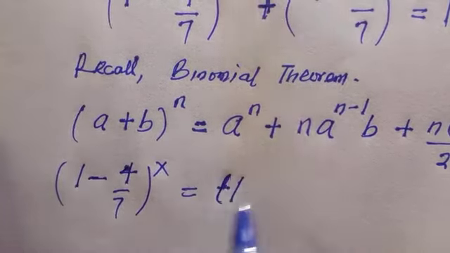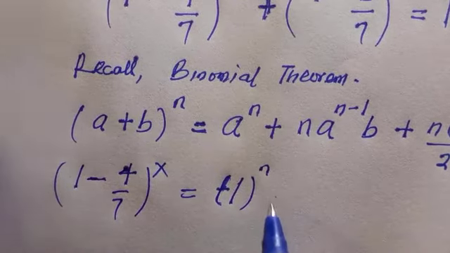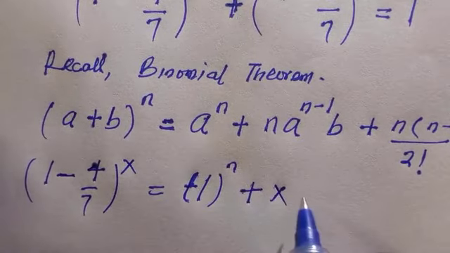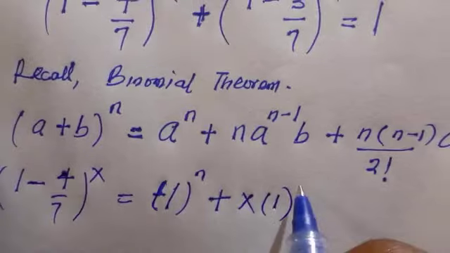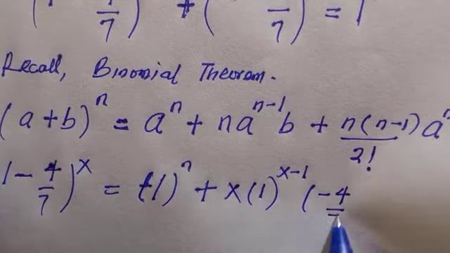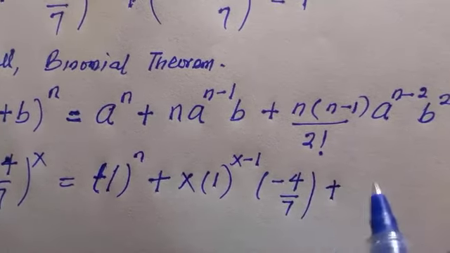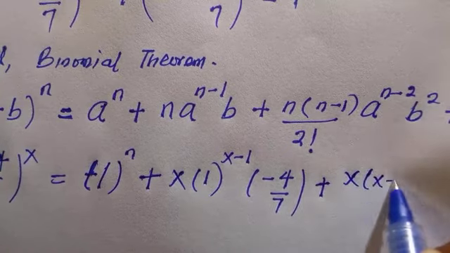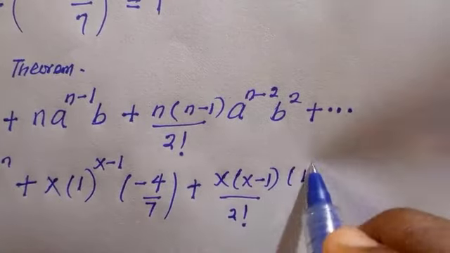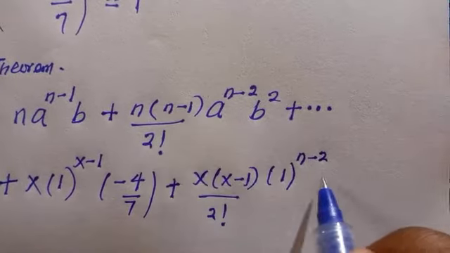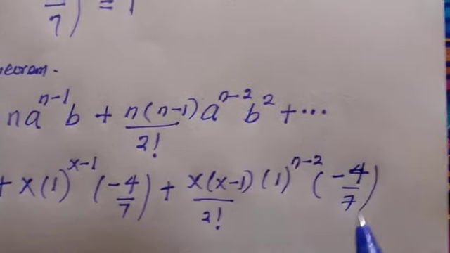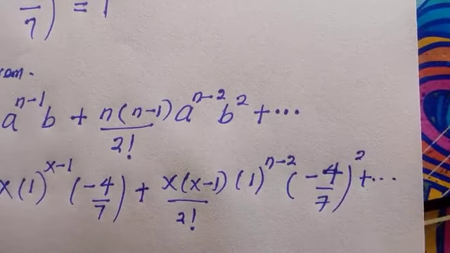So we have a, which is 1 raised to the power of x, plus x times 1 raised to the power of x minus 1, times b, which is minus 4 divided by 7, plus x(x minus 1) divided by 2 factorial, where a is still 1 raised to the power of x minus 2, times minus 4 divided by 7 raised to the power of 2, plus dot dot dot.